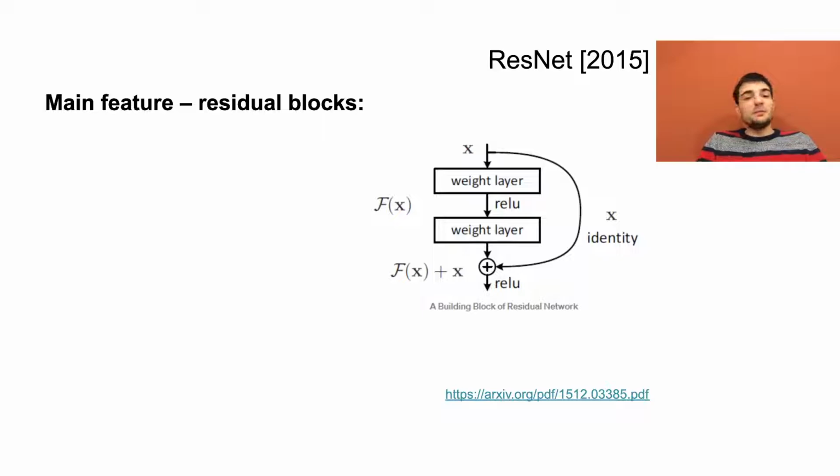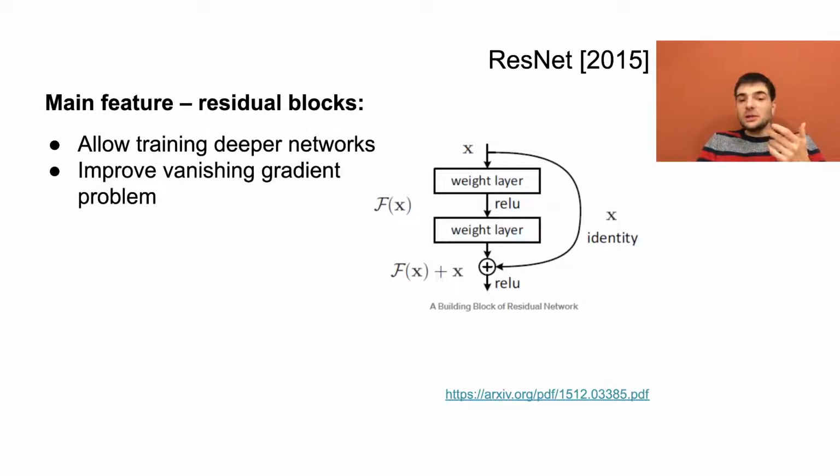And the most beautiful part of it is that it allows us to train deeper networks, especially because it improves the vanishing gradient. If you take a look at this architecture and think about it in terms of gradient computation, you can see that when we get the gradient from the end of the network, from the loss function, for example, if we don't have this identity connection, then the gradient will go through this layer, through this layer, through these activations, and we have some chance to reduce the gradient at every step.